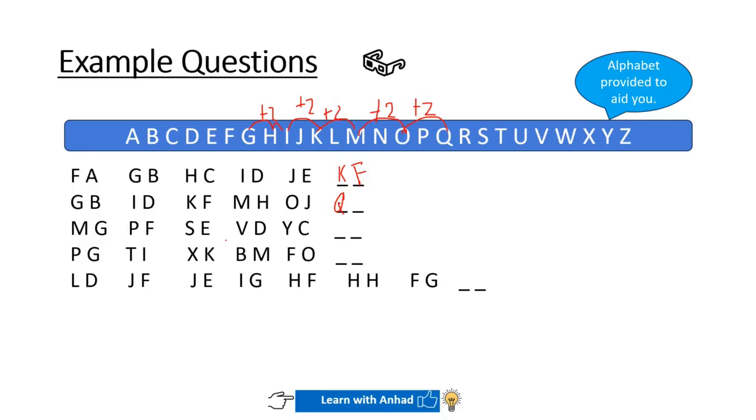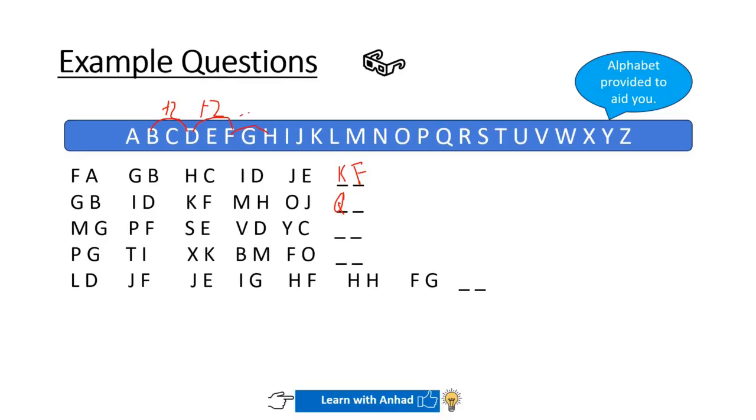Okay, now our second letter. So it's B to D, so that's again a +2. And then it's D to F, which is another +2.